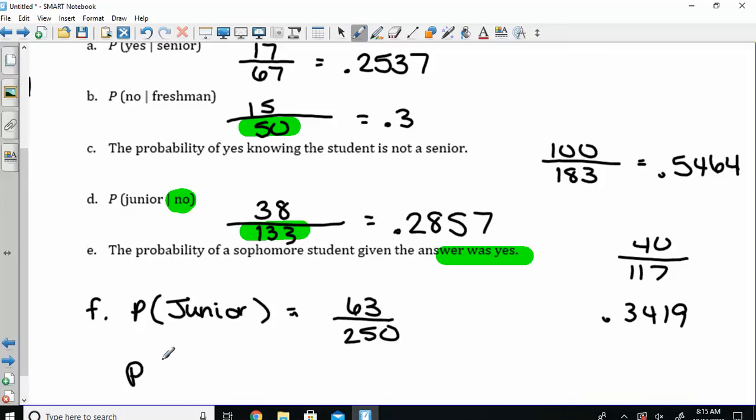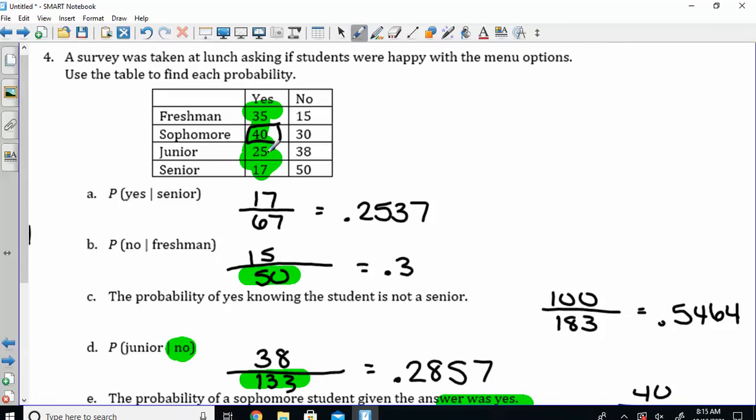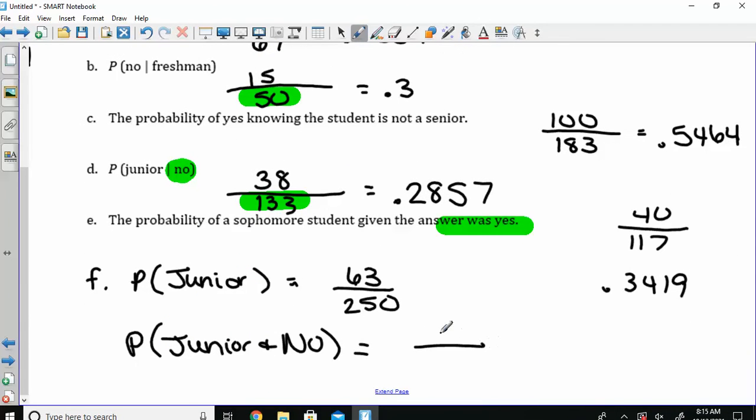If I had asked for the probability of junior and no, you can use a formula from this, but could I just look at the table and find junior and no? Yeah, I can look and see how many students are juniors and said no. So that would be 38.